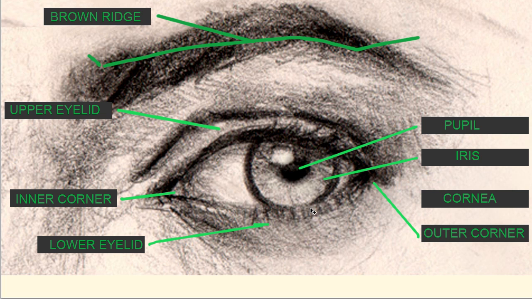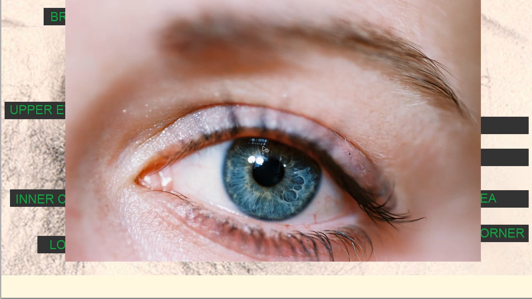But in a normal situation, you don't get to see the whole iris. Your eyes in their natural state are just like that. You cover probably about half of the iris, and I think part of it is to protect from too much light going in. That's pretty much all you need at eye level. You just don't see the whole thing, so be aware of that when you draw the eyes.